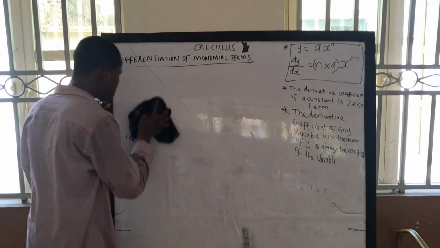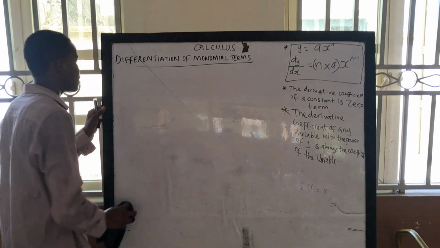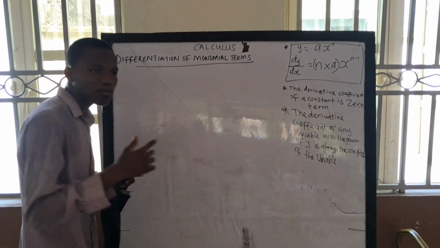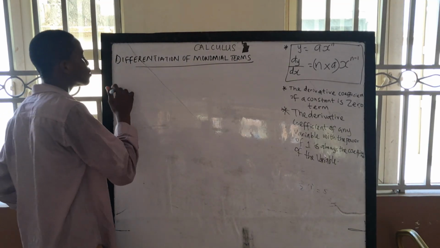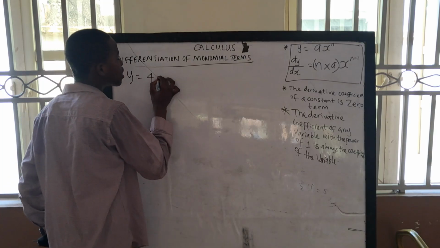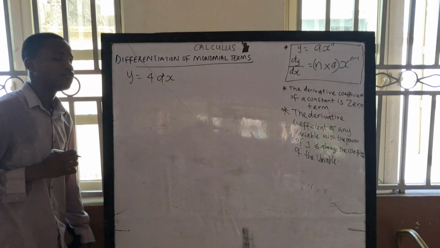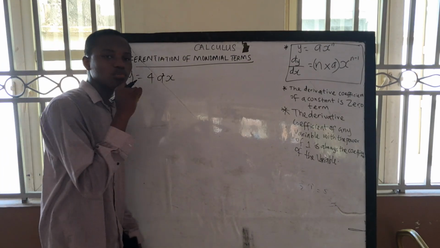So now I want to give some tricky questions to further clarify our understanding of differentiation with respect to any variable. If I have y equals 4a squared x, I'll use this to explain something.